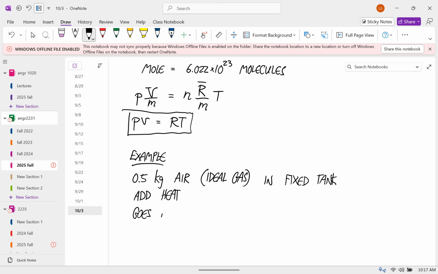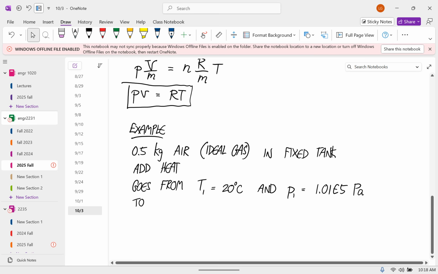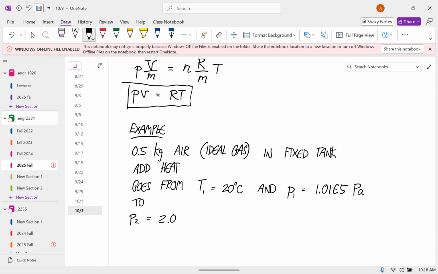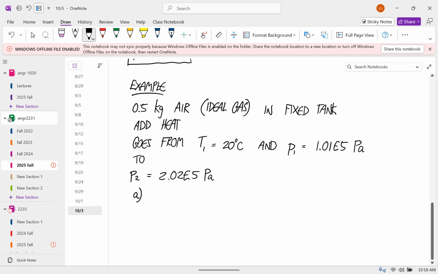And it goes from an initial temperature of 20 degrees Celsius and an initial pressure of 1 atmosphere to a final pressure, but we're not given the temperature, 2.02 times 10 to the fifth pascals. And we want to calculate first what's the volume of the tank. And second, what's that final temperature?